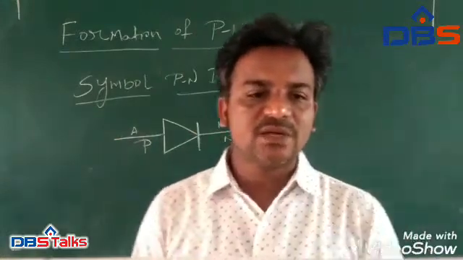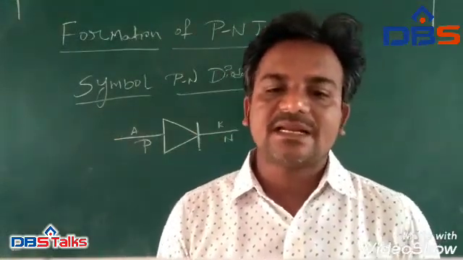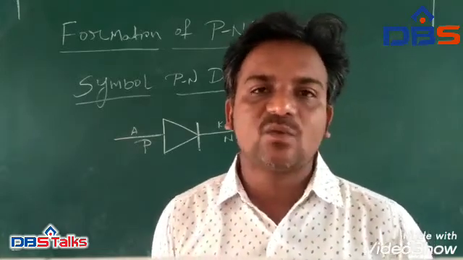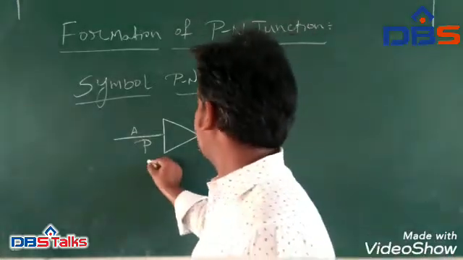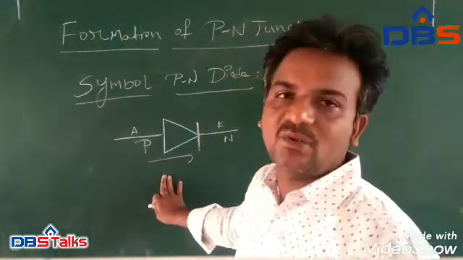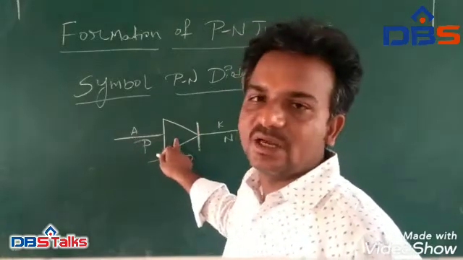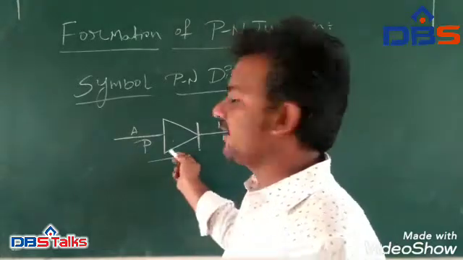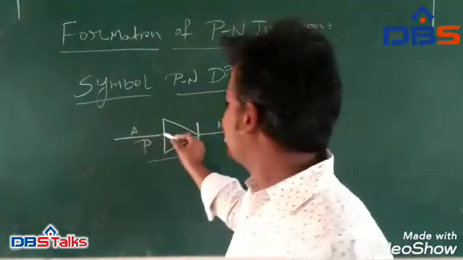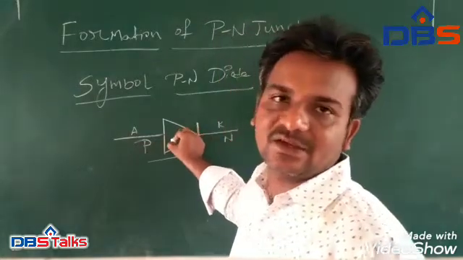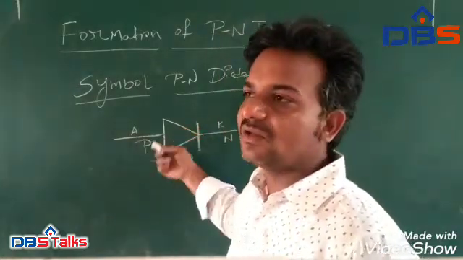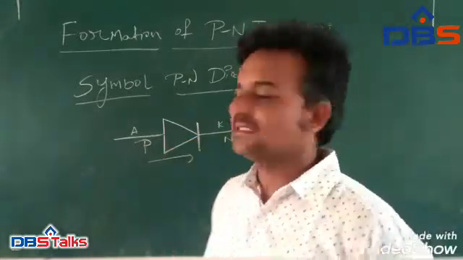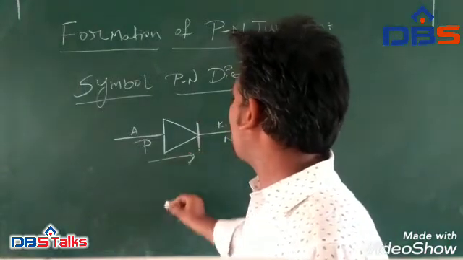A PN junction diode is one of the simplest semiconductor devices, which has the characteristic of passing current in only one direction. That means whenever we apply some external voltage to this circuit and it crosses the cut-in voltage for the semiconductor material present within the device, then the current will flow in one direction.